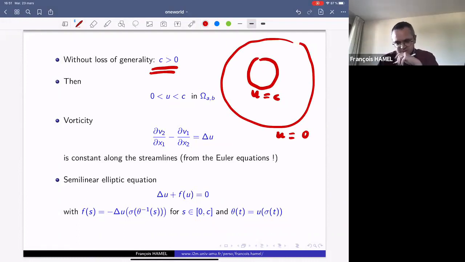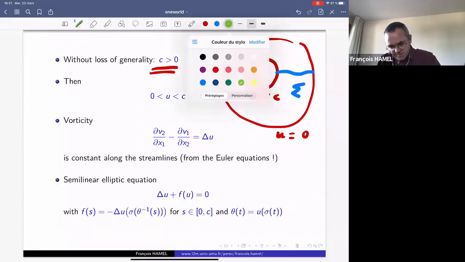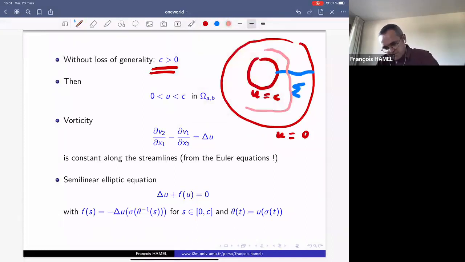Now since any streamline of u intersects capital sigma, we had capital sigma here, and this was capital gamma.